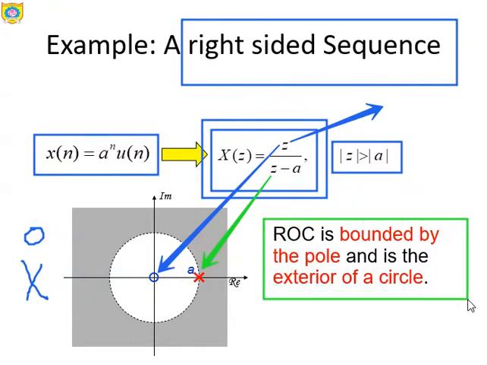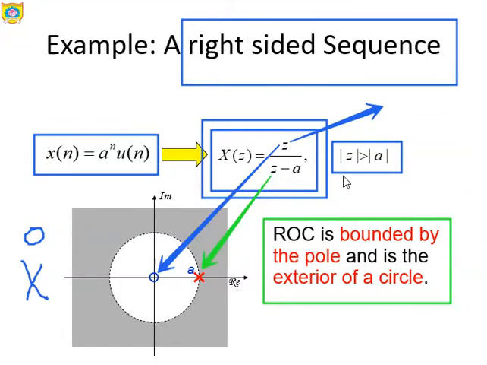ROC is bounded by the pole and is the exterior of a circle. ROC for this case, since it is mod z greater than mod a, the shaded region is plotted just at the outer part of the z equal to a radius.